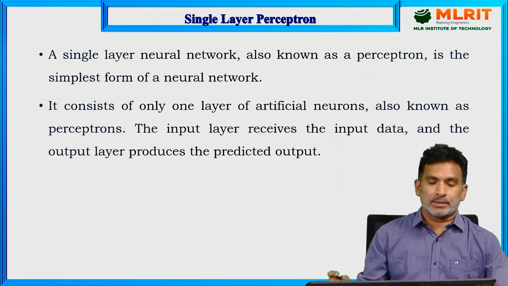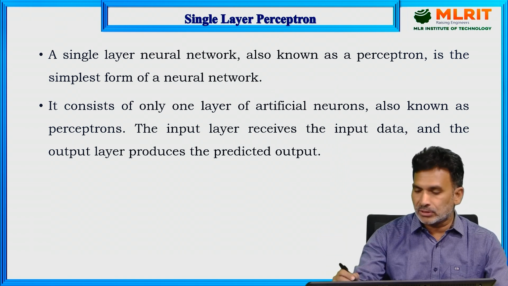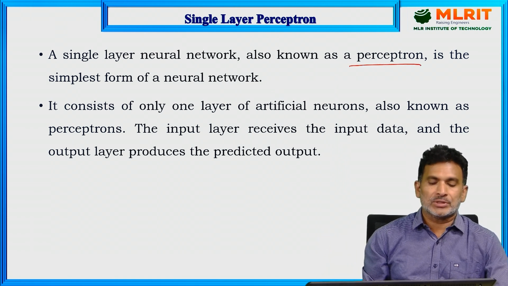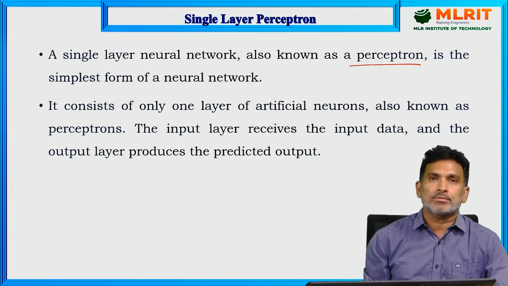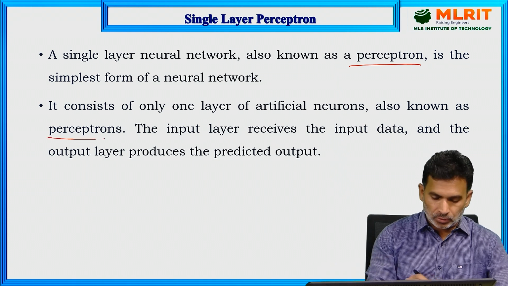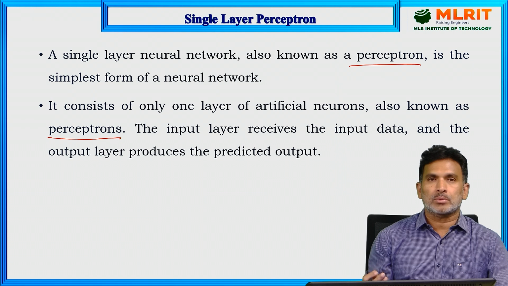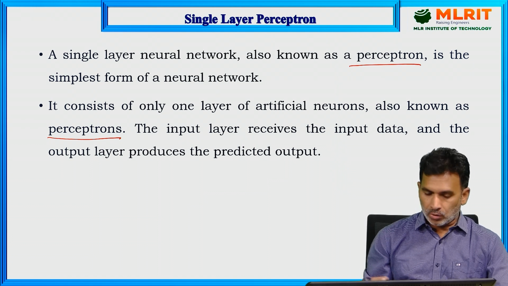A single layer neural network or artificial neural network, also called a perceptron, is the simplest form of a neural network. It consists of only one layer of artificial neurons, also known as perceptrons. The input layer receives the input data and the output layer produces the predicted output.